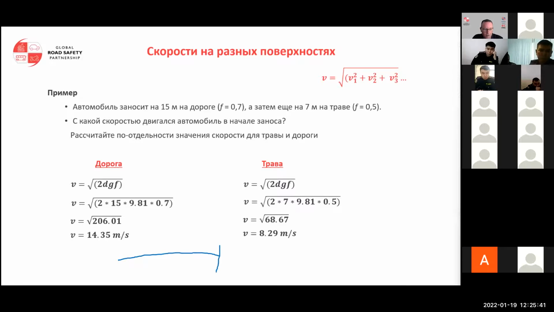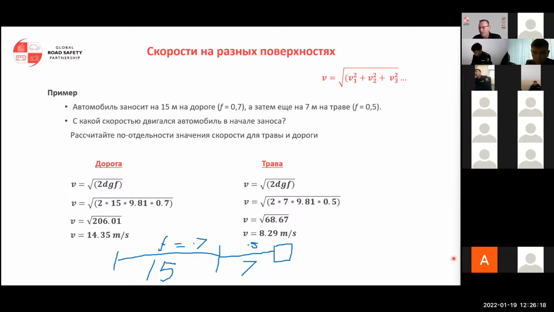So we have a 15 meters on the road, and drag, excuse my writing, very hard with a mouse, 0.7, and we have a further 7 meters on grass at 0.5. So that's our situation. 15 meter skid on the tar seal, goes off the road, skids for another 7 meters on the grass.